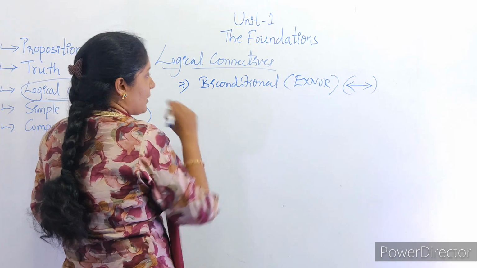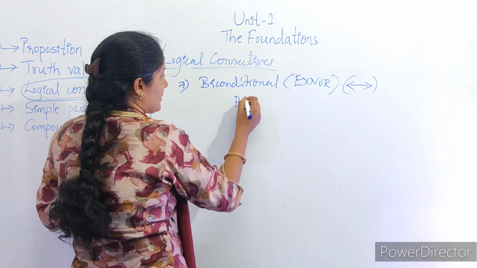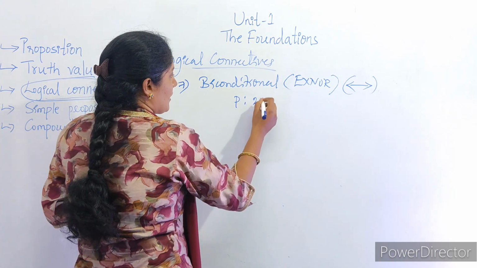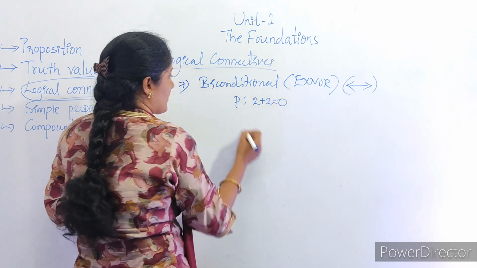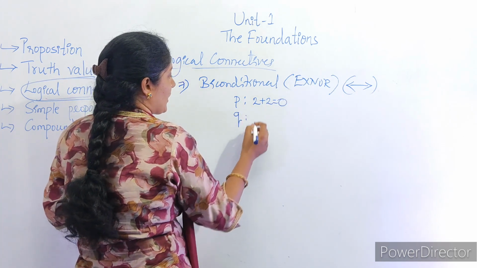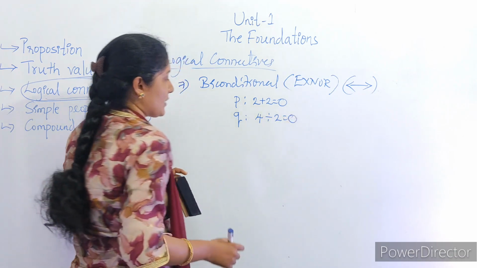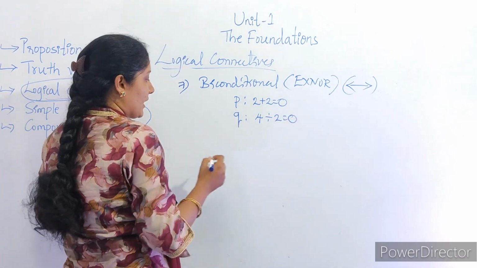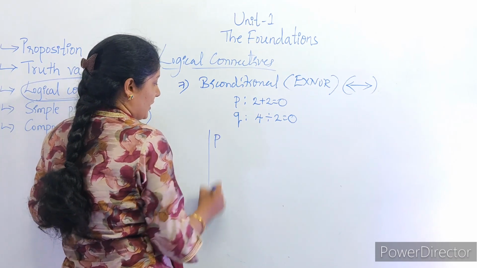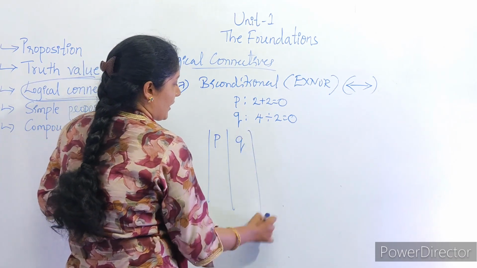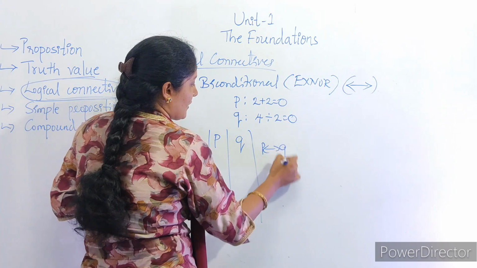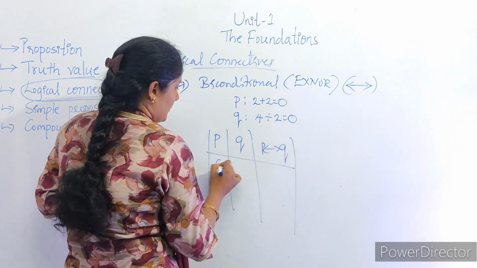For example, let P be 2 plus 2 is equal to 0 and Q be 4 divided by 2 is equal to 0. Then the biconditional truth table will have P, Q and P biconditional Q.